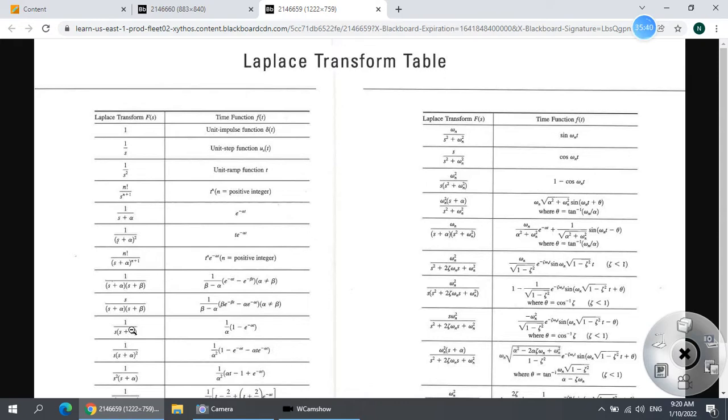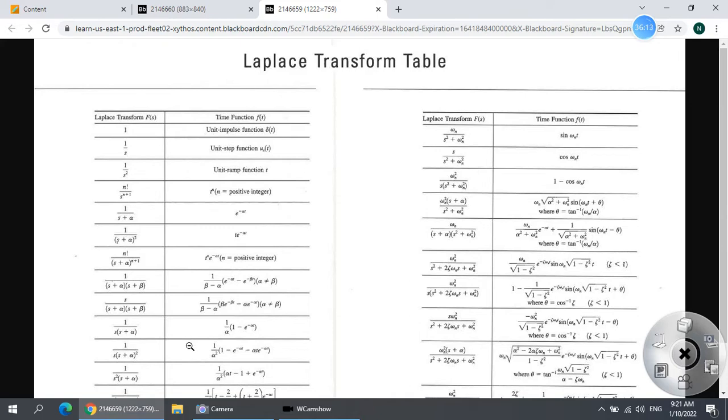Let me write it. Now, by the table of Laplace transform, 1 over s times s plus alpha in the denominator corresponds to 1 over alpha times 1 minus e to the negative alpha t.